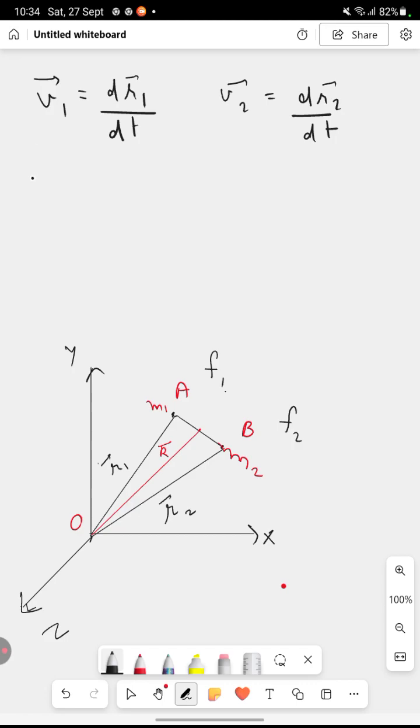Let's consider F12 is the force on m1 due to m2, and some other force F21 is exerting on m2 due to m1.